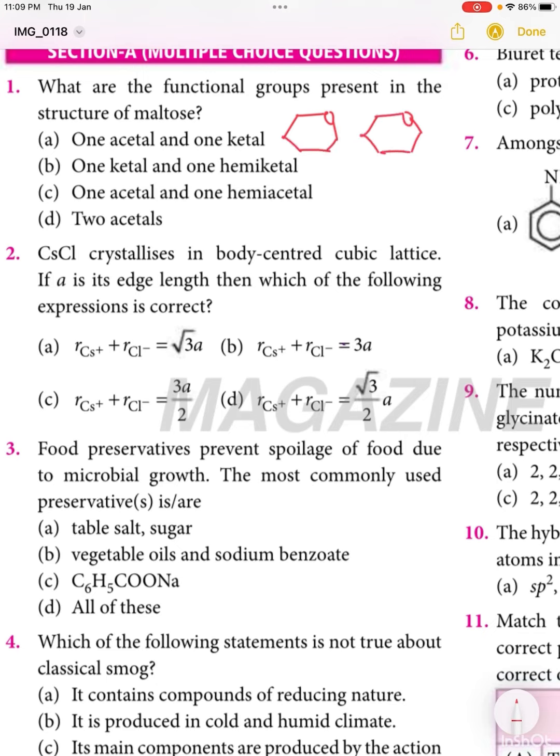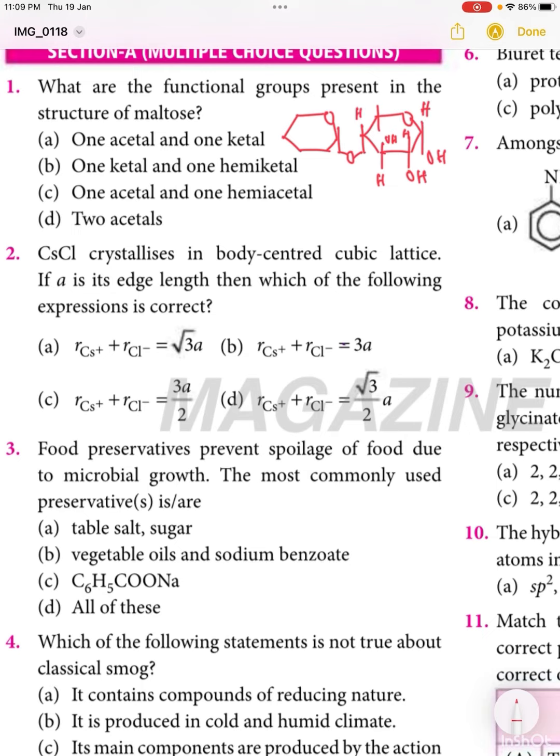This is the cyclic structure of maltose. Here, H is present at the top, OH is at the bottom. Here also OH is at the bottom, then H is here, then here H, OH, and here an ether linkage is there.